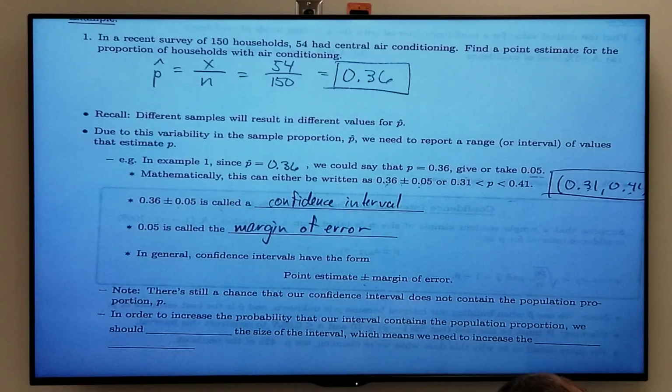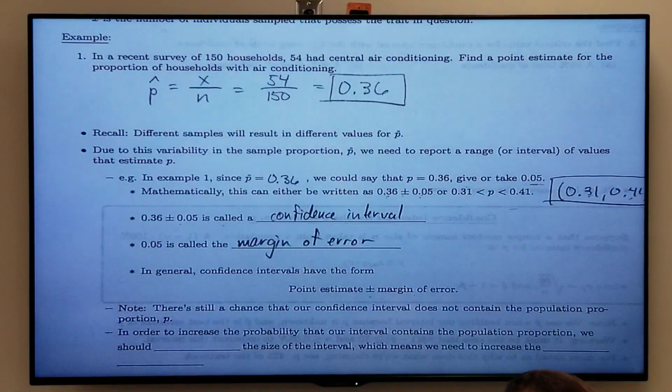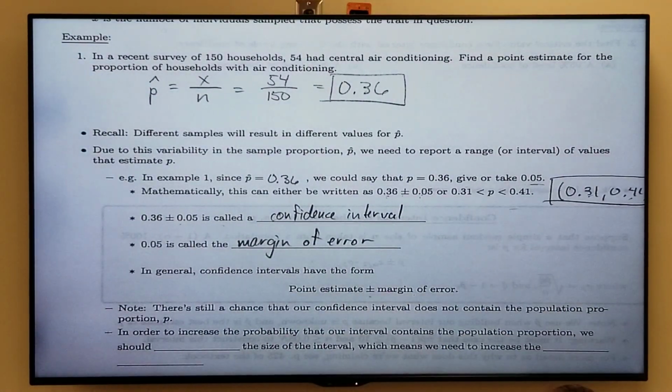Now for our margin of error, I just kind of randomly chose 0.05. Where did that come from? What good is it? How confident are we that this interval that we're reporting actually contains the true population proportion? These are all questions that we want to be able to answer.